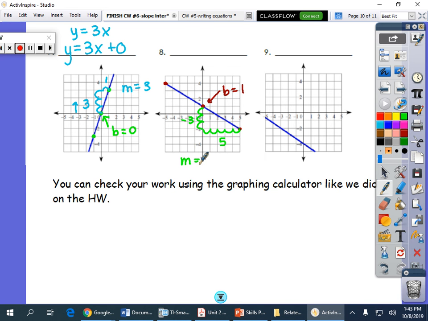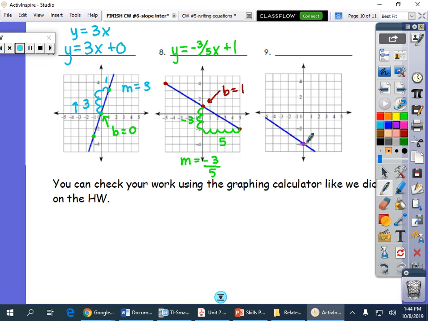So my slope here equals negative 3 over 5. Remember, you're reading it from left to right, and it's going down. So my equation is going to be y equals negative 3/5 x, and then plus 1 for my y-intercept.